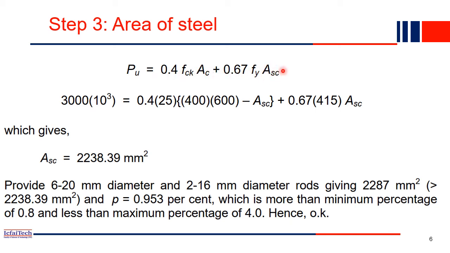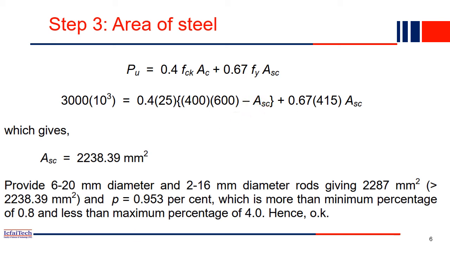So basically we are finding out the Asc value, that is the area of steel in compression. So Pu is this much, equal to 0.4 fck. We are using Fe415 and M25 grade of concrete. So M25 means 25 into Ac, the area of concrete. So how much will the area of concrete be? It is the total gross area minus the area of steel, right?